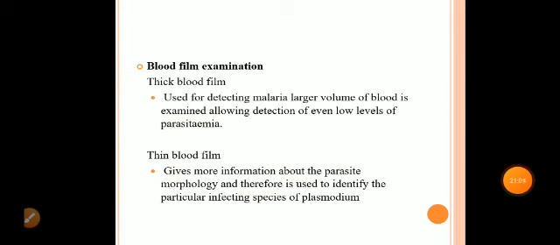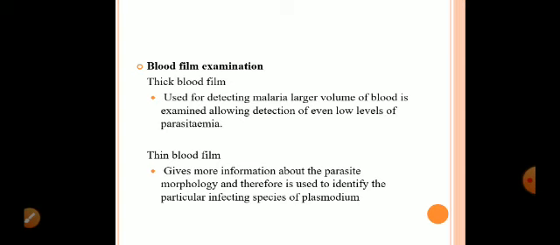Coming to blood film examination, there are two types of blood film examination in malaria: the thick blood film and the thin blood film. The importance of the thick blood film is that it helps to tell whether the parasite is present or not. It is used for detection of malaria as a larger volume of blood is examined, allowing detection even at low levels of parasitemia.